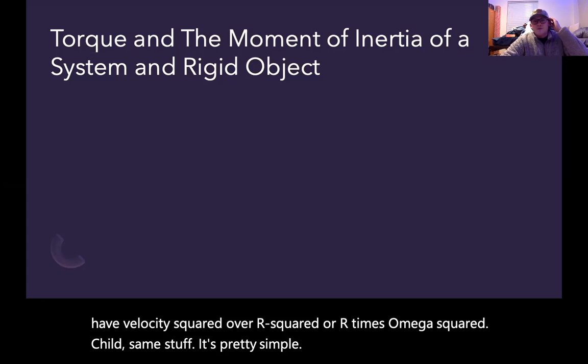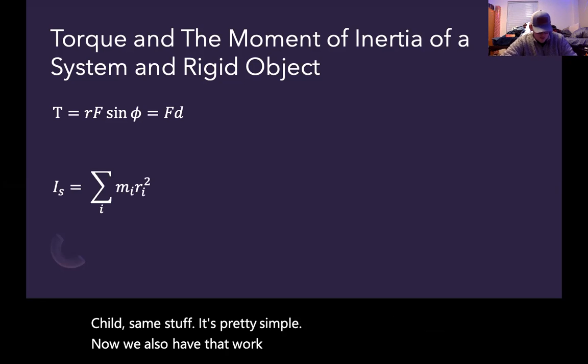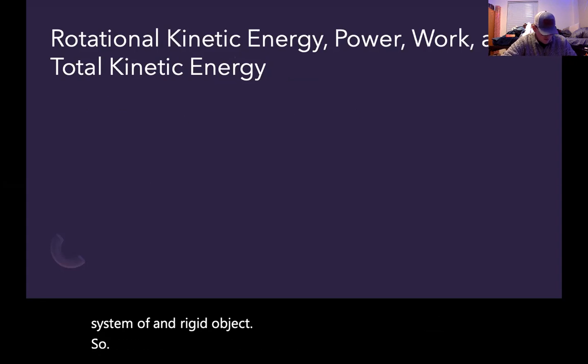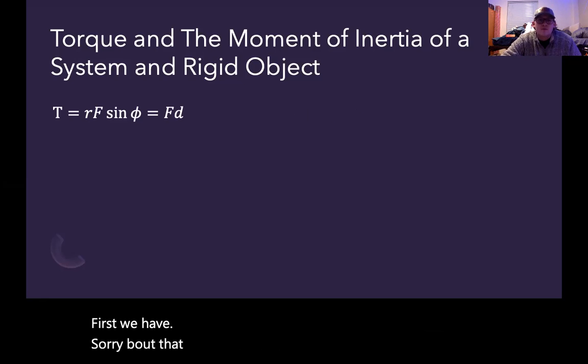Now we also have the torque and the moment of inertia of a system and rigid object. First we have our torque, which is just our distance r times the force times sine of phi, or F times d.